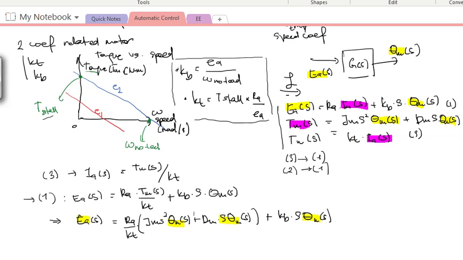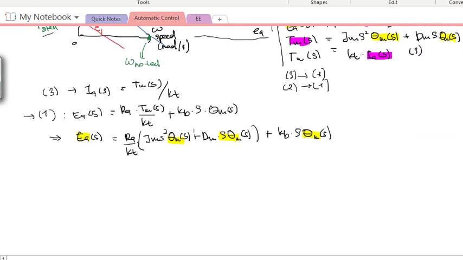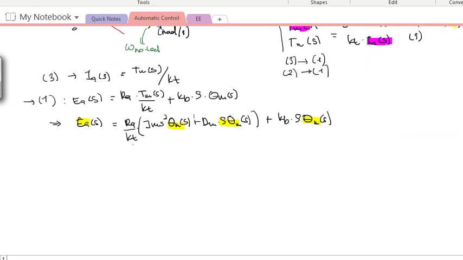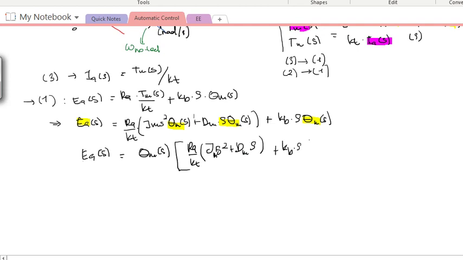Okay. Let's isolate theta m. Right now it's just simple math. EAS is now equal to, if I isolate theta MS, theta MS multiplied by RA over KT multiplied by JMS square plus DMS, plus KBS.